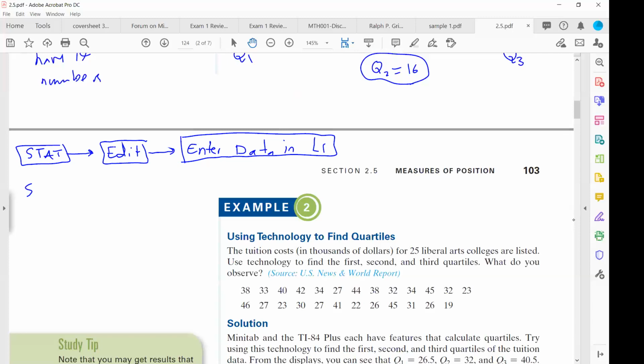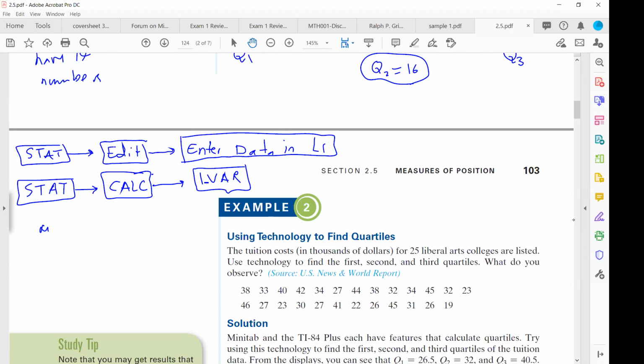then you go to stat again, you go to calc, one variable, enter, enter, enter. Then it gives you your mean.